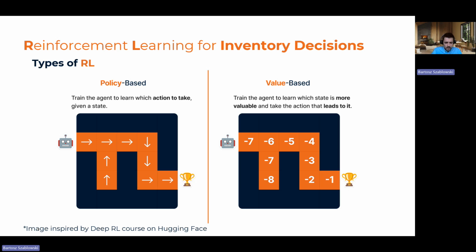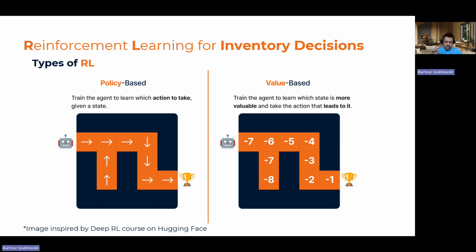Before we move to the final architecture, let us start with a short introduction. If we simplify things a lot, we can say that reinforcement learning has two main approaches, policy-based and value-based. In the policy-based approach, the model learns the policy directly.